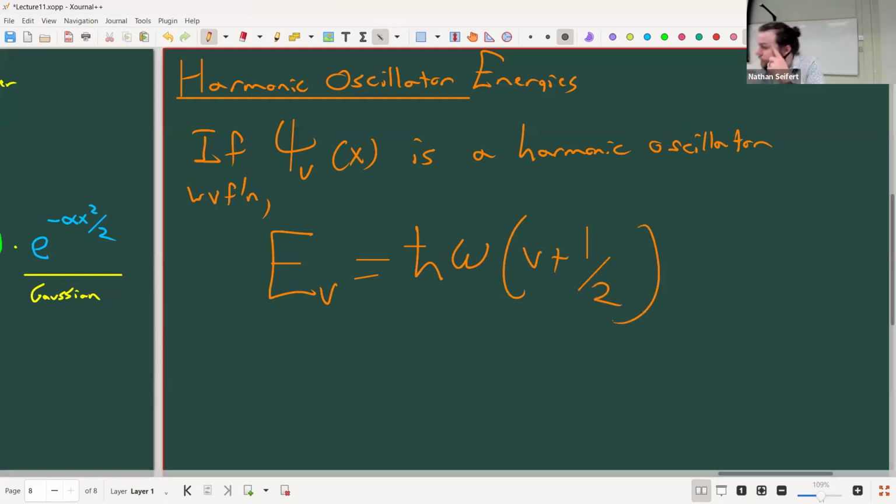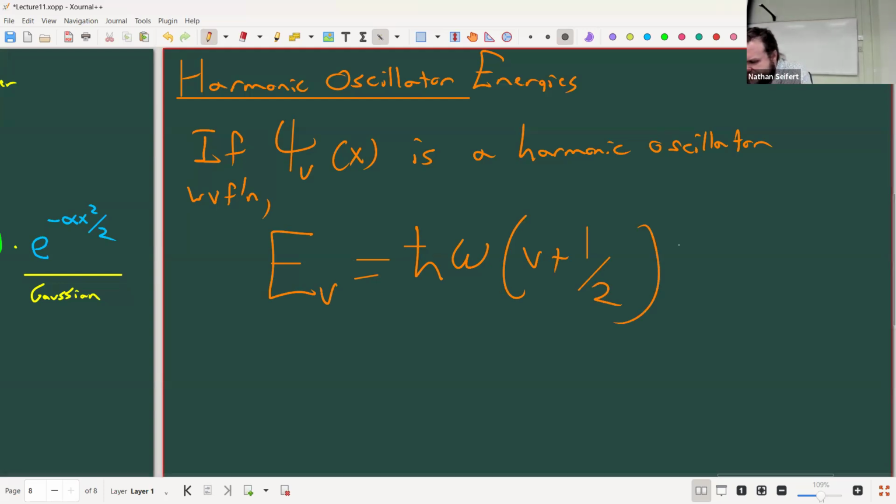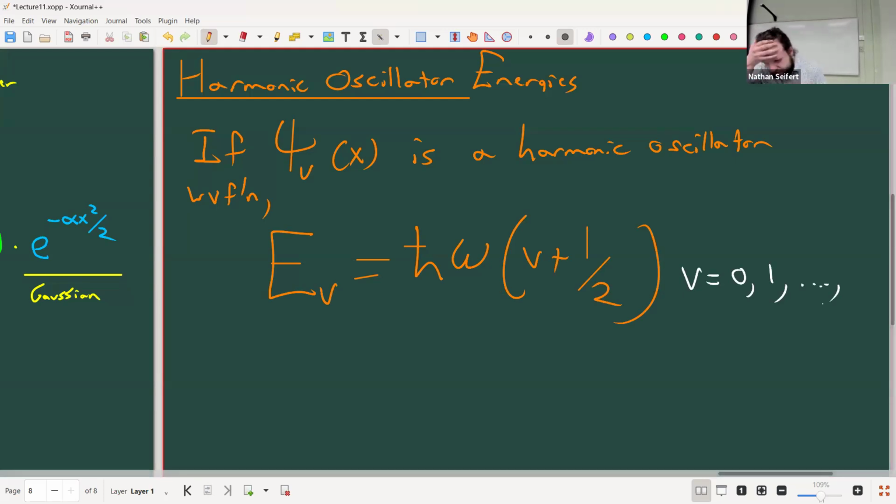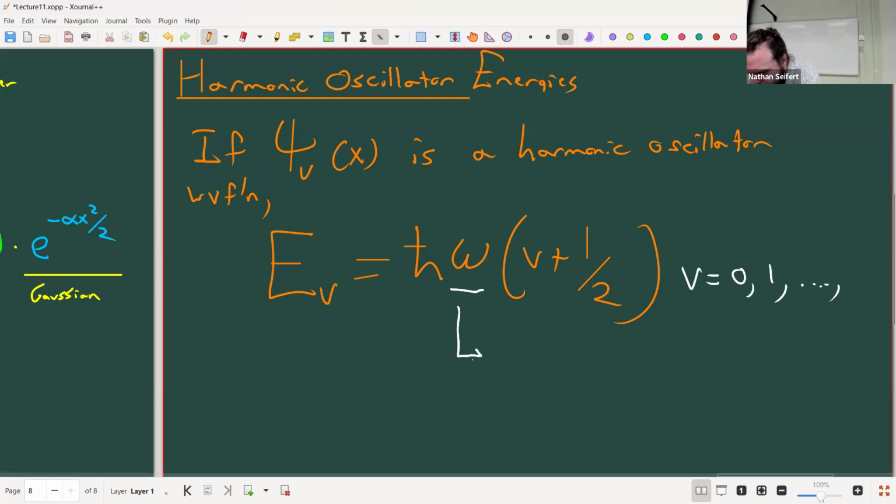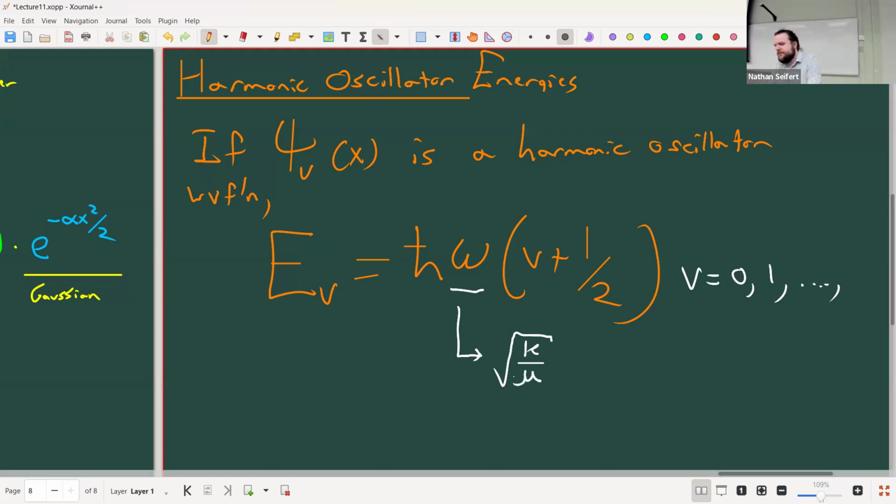An amazingly simple formula. Remember that v is just a number between 0 and infinity, just a positive or a 0 number. And omega here, we've already defined, it's the same omega as our frequency of our wave. For oscillation, it's the square root of k over mu.